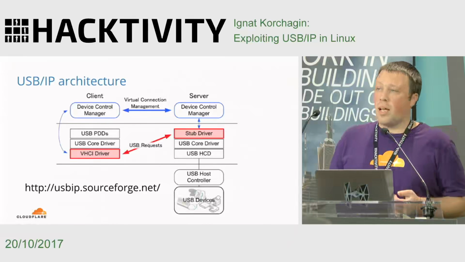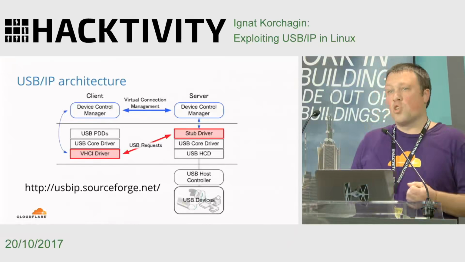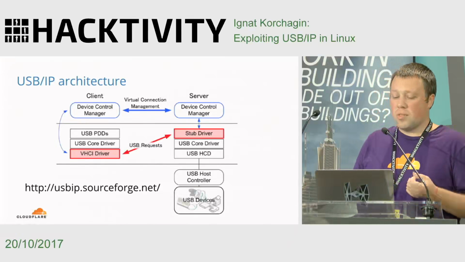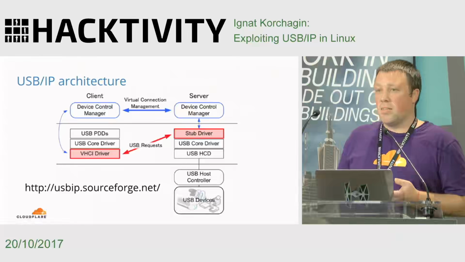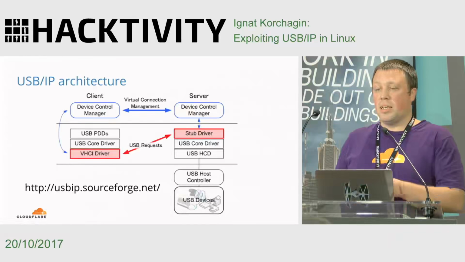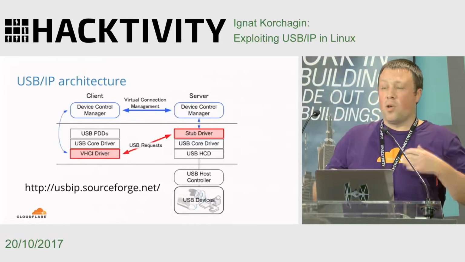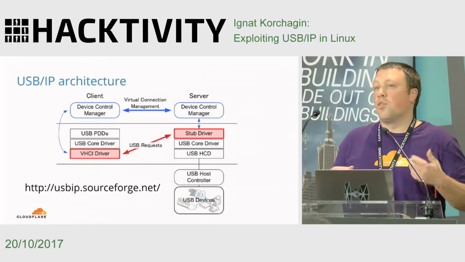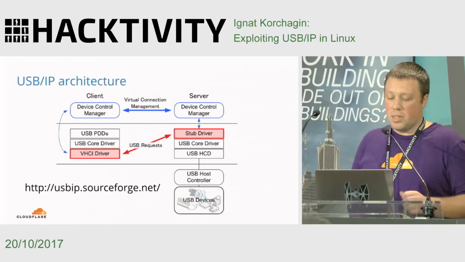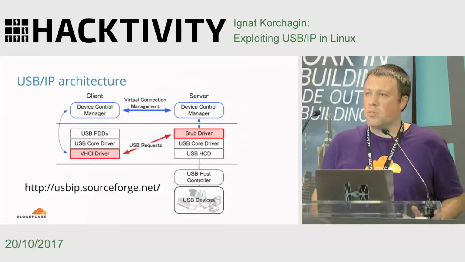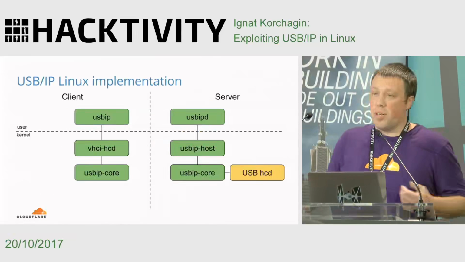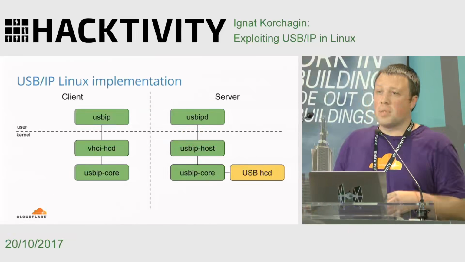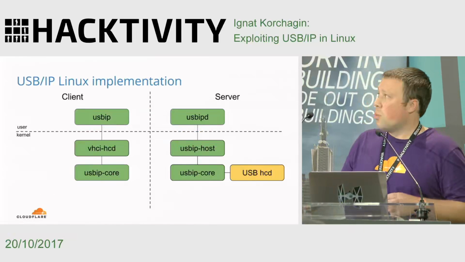And the USB IP client is the side which imports USB devices from the network. That is, it doesn't have any physical devices plugged in, but when it imports a device, the local system shows it as if you had plugged in your imported device locally. Is that clear?